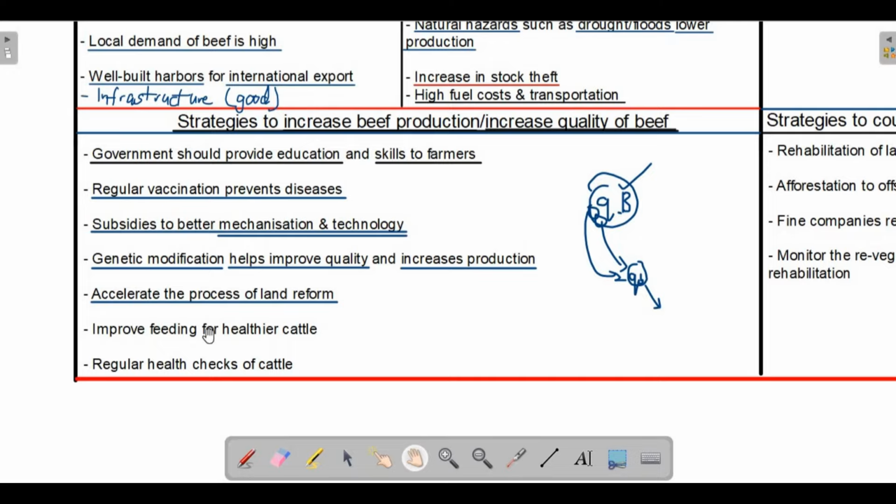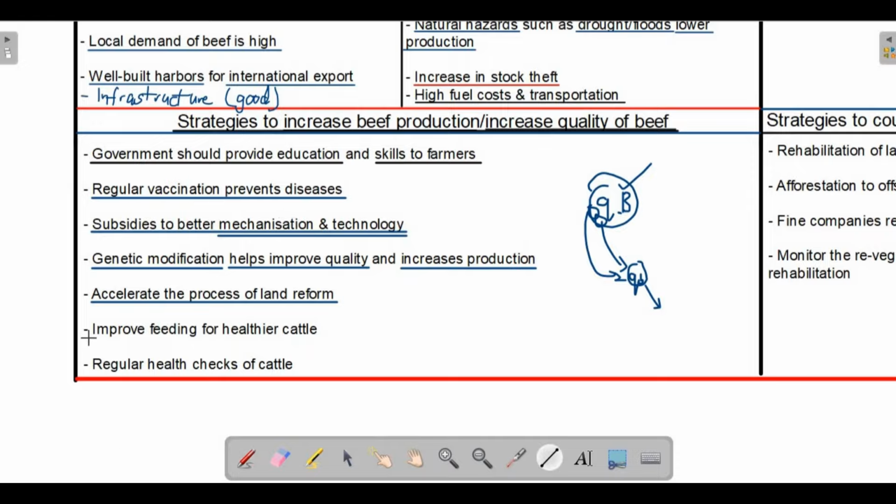So let's accelerate the process of land reform, get people land through land redistribution, which is providing land to people, and through land restitution, which is restoring land or giving back land that initially belonged to a particular group of people, right? So this could help improve the production or increase or expand the beef industry.